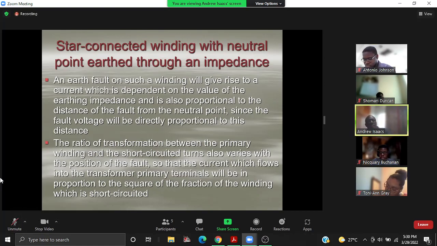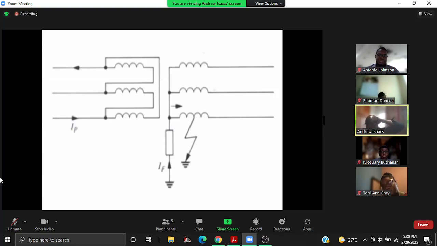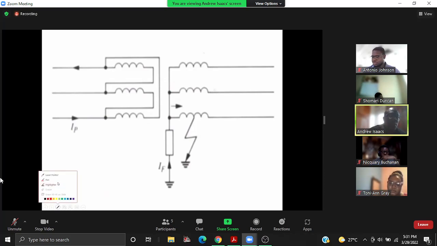All right. So this is basically what we're saying: the fault current for a winding fault is going to be dependent on where on the winding the fault occurs. We have our neutral point.